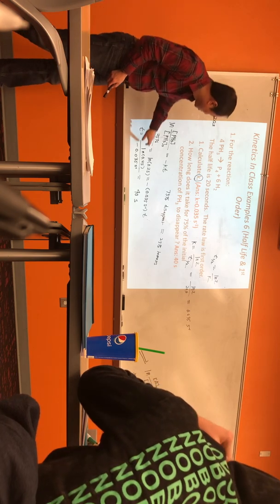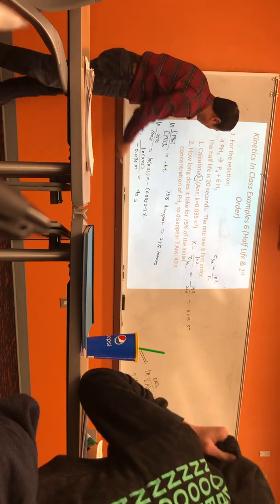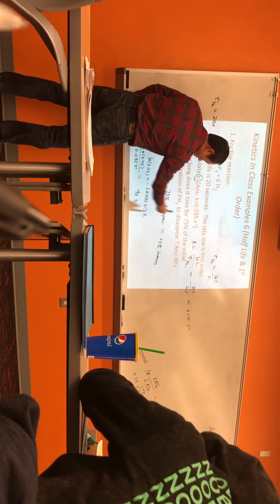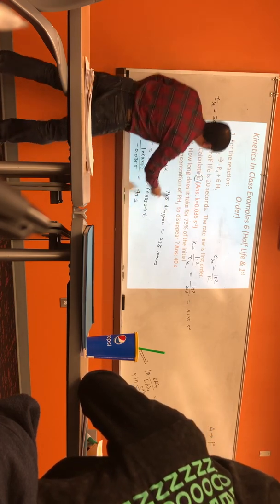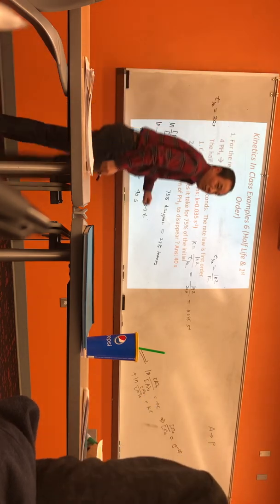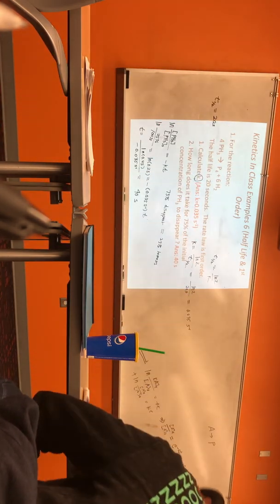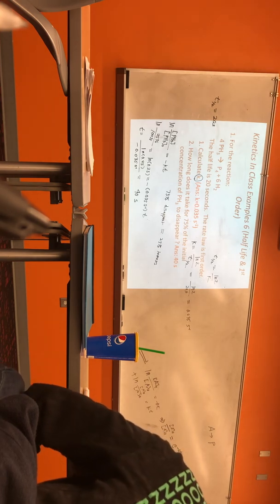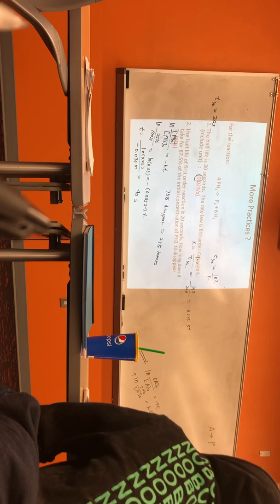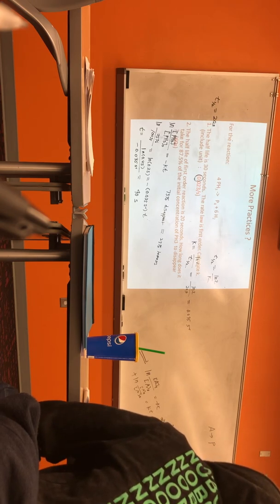So ln 0.25 equals minus the rate constant you got from question 1 times t. t is what they are asking. If you solve for t, that will be 47. I want you to practice on this slide.